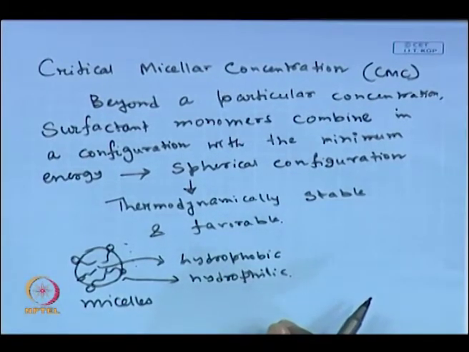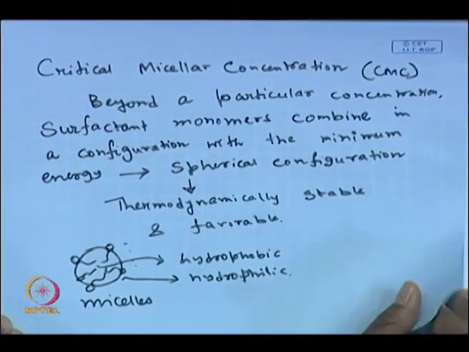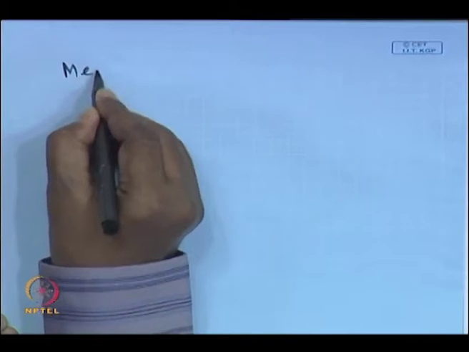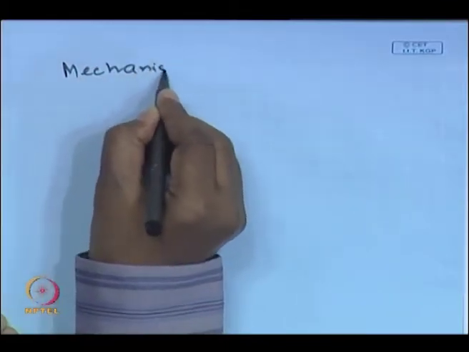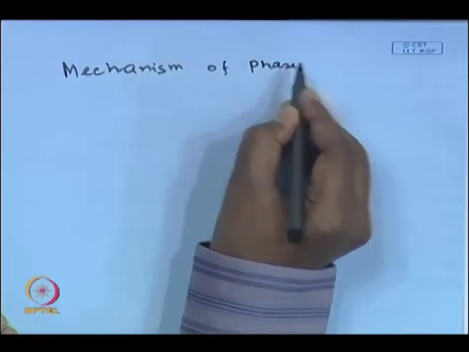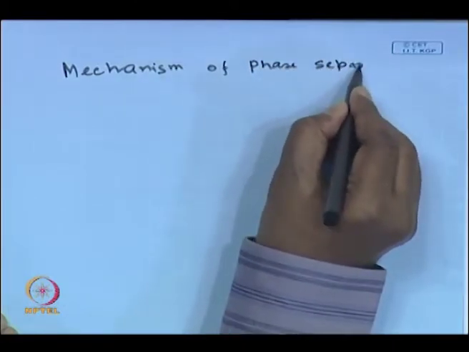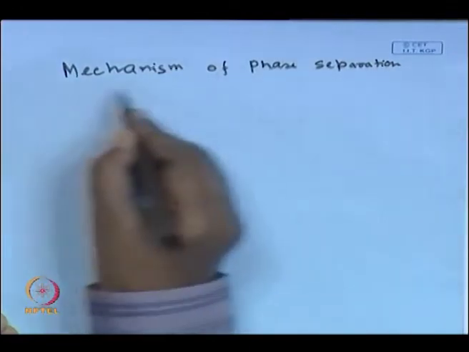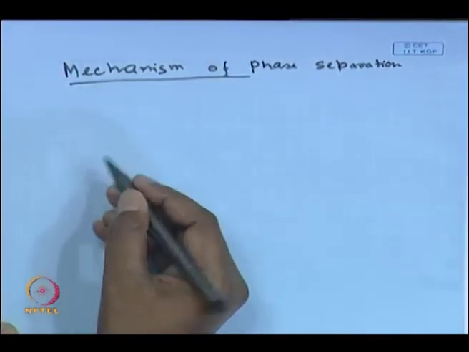Now, these micelles of the non-ionic surfactants will come to the coacervate phase when there is a phase separation, when the temperature of the solution goes beyond the cloud point temperature. Now, let us look into the mechanism of phase separation, how the two phases will separate.